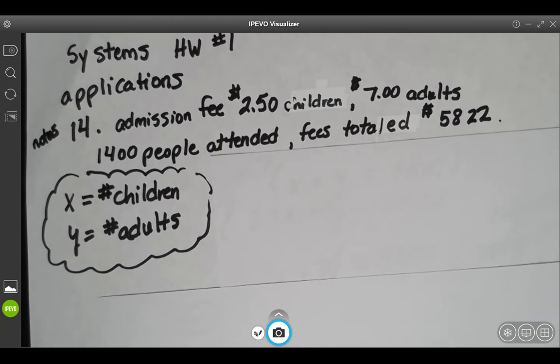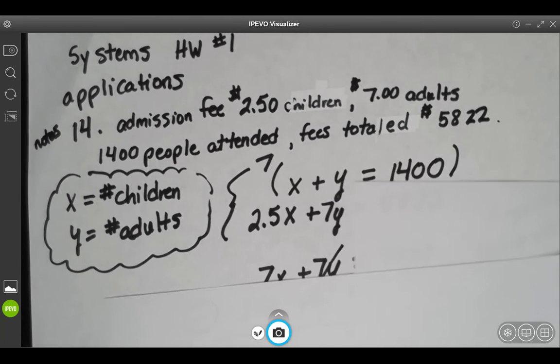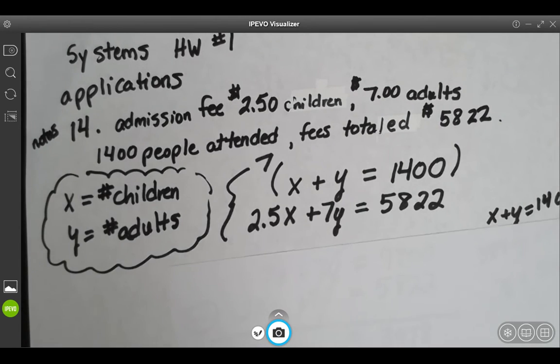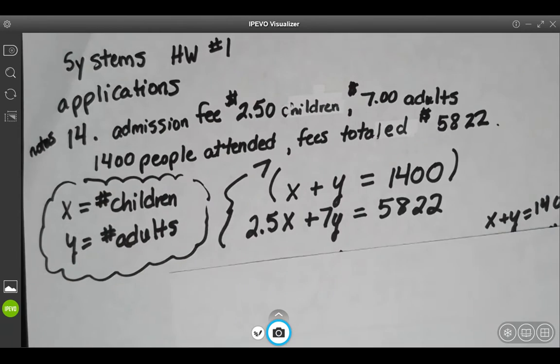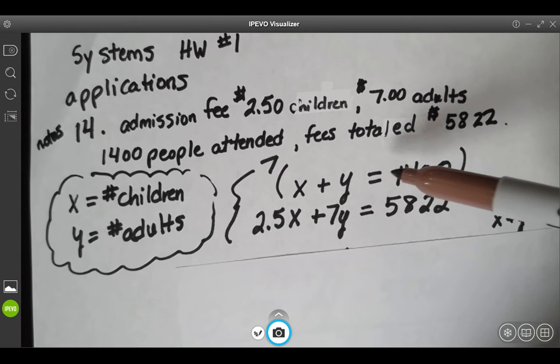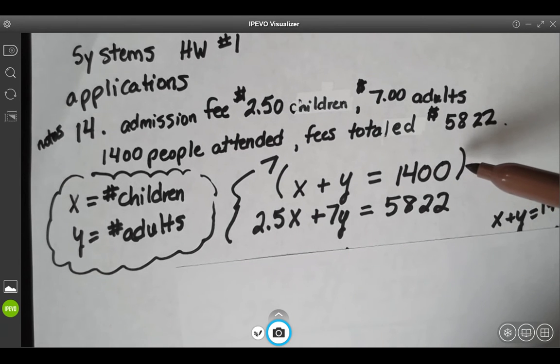Well, the next thing we're going to do is get our equations. The number of total people is 1,400, so X plus Y is 1,400.